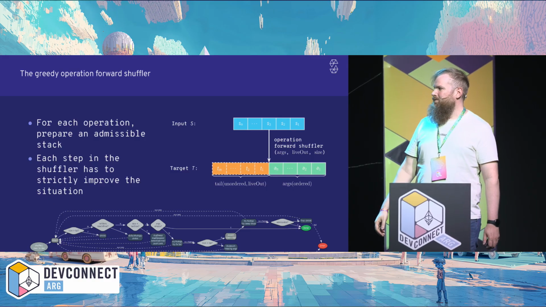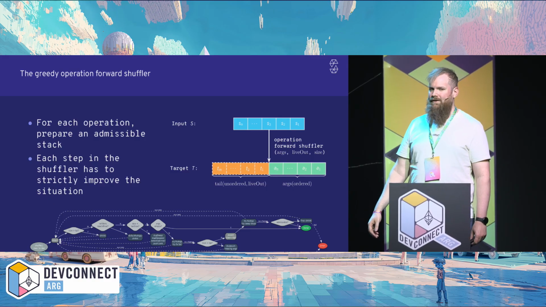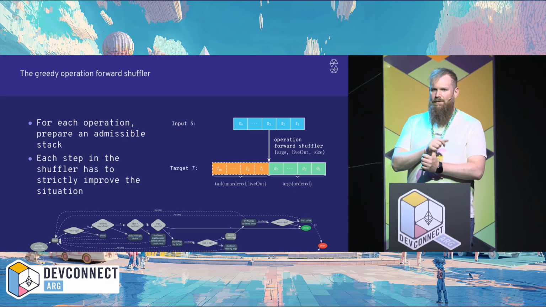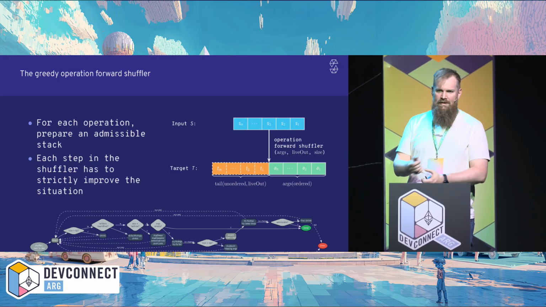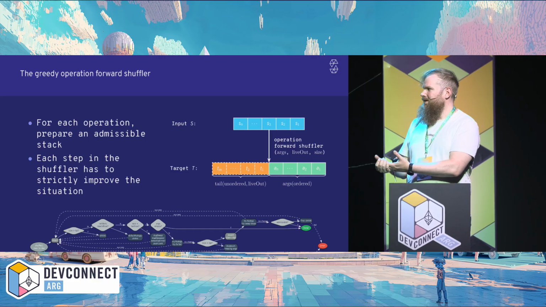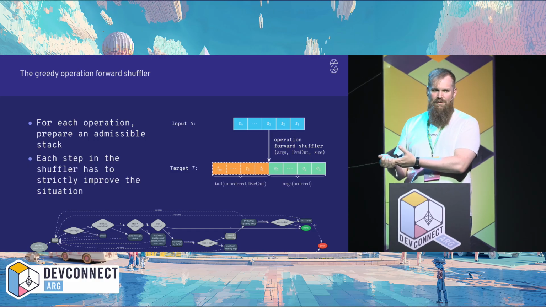And then in order to prepare something for a target operation, what we have to take into account is, first of all, what are the operation arguments, right? And then what is live out after the operation? So what has to still be retained after the arguments of that operation have been consumed? And I also want to know what is the size of the target stack.